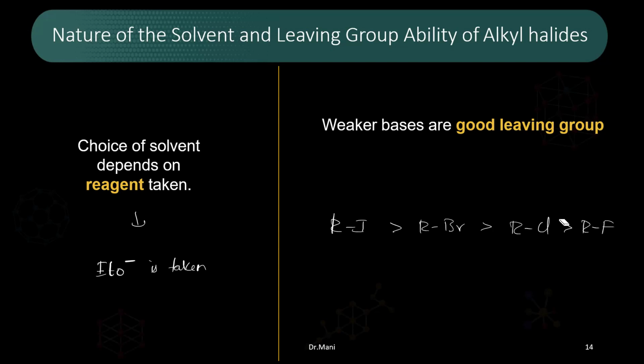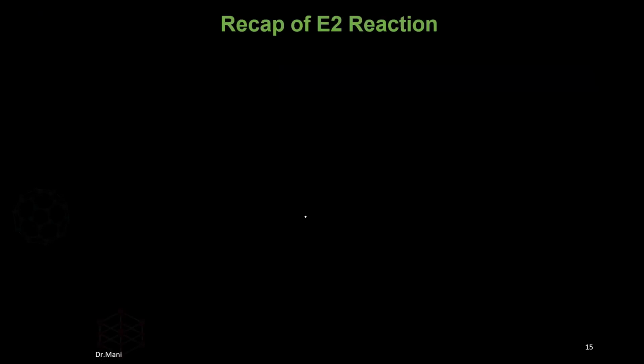So relative reactivity of alkyl halides as well. You remember this? So finally, tell me what are the features of E2 reactions? Come on, tell me, what is an E2 reaction? It's a bimolecular reaction. Next one, it follows which rule?